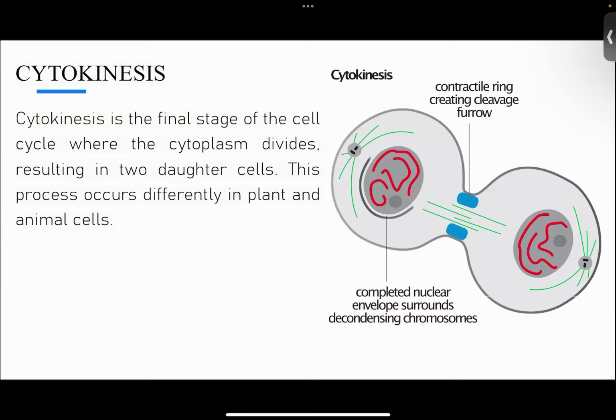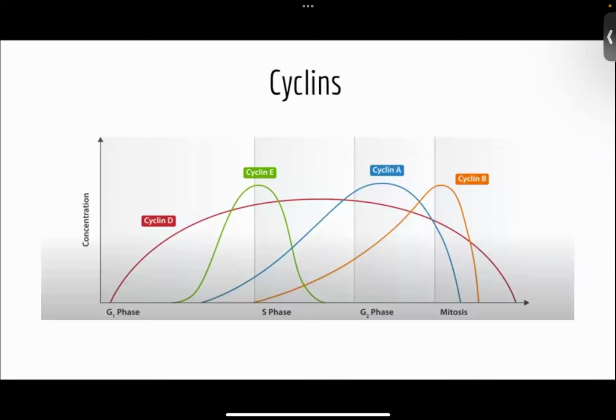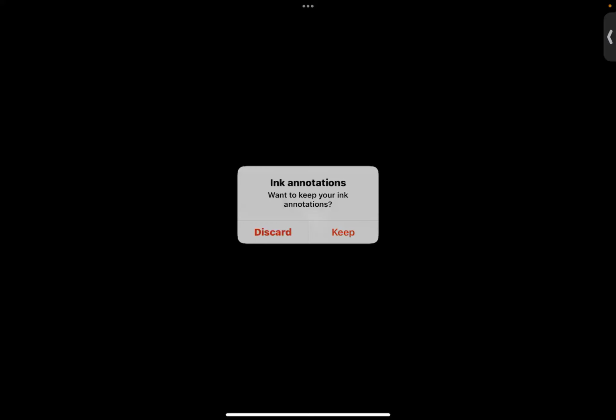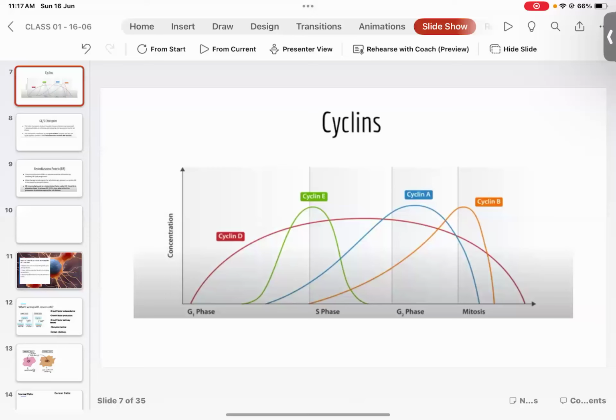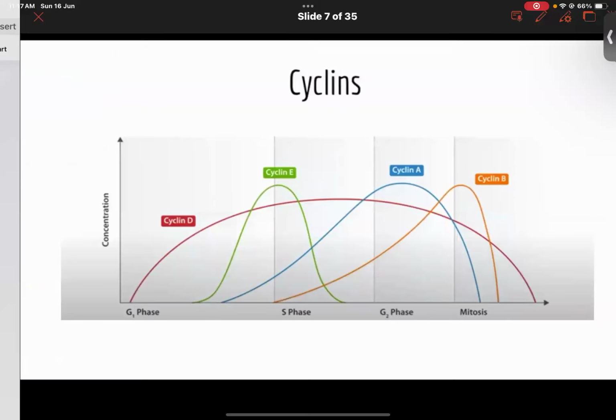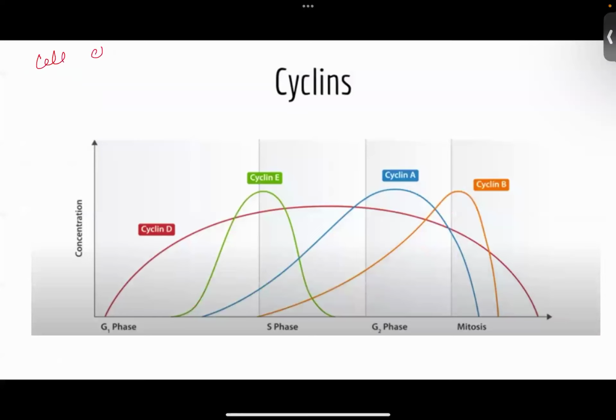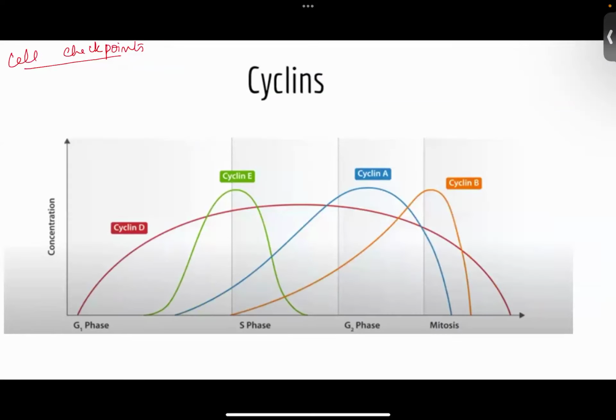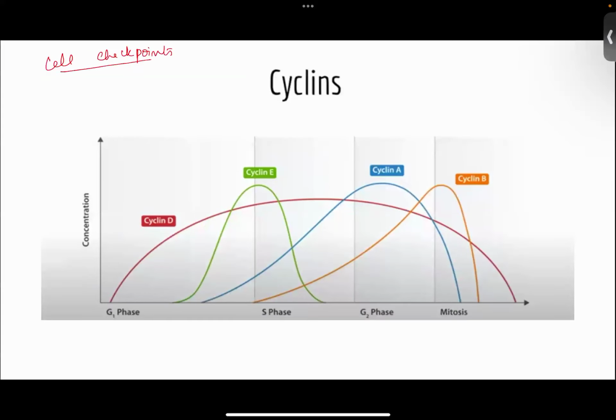The cell itself has certain checkpoints. If there is any kind of mutation, there are various checkpoints that will ensure the cellular conditions are right, and if there is a mutation, they will halt the process.